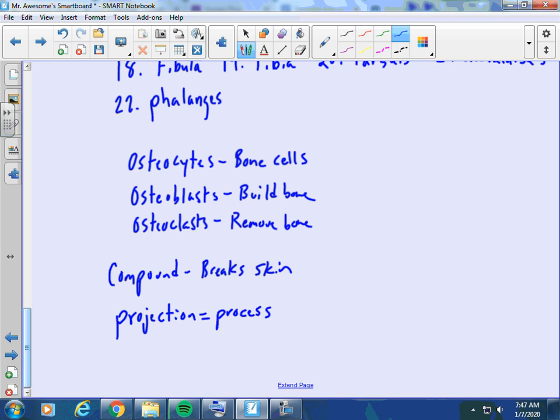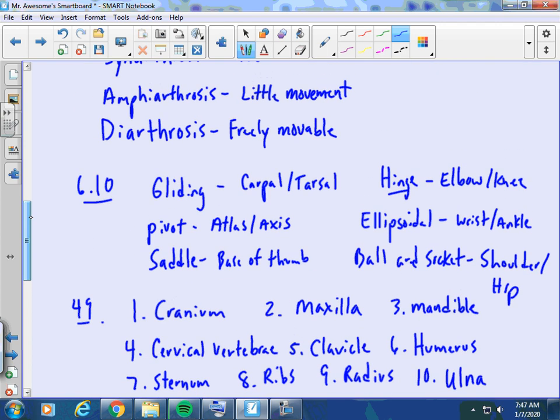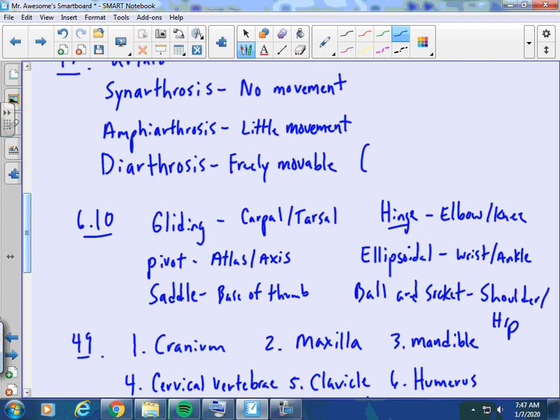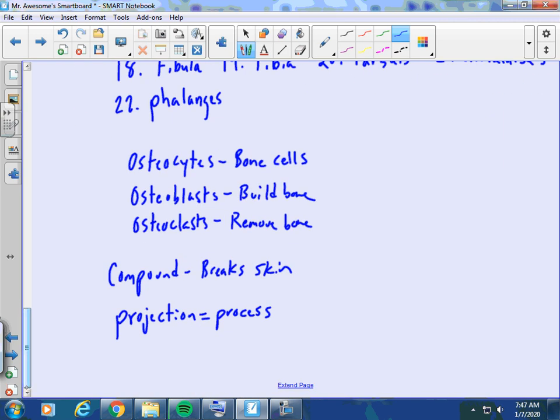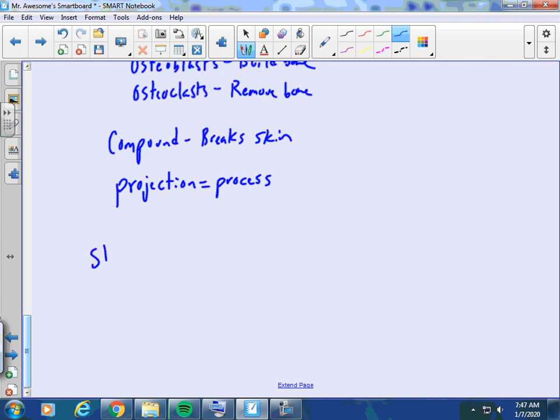We were talking about free movement being diarthroses. So with those, we think of these freely movable as synovial joints. And then other than that, really, we talk about form and function, anatomy and physiology, the stability of the joint compared to the amount of movement.